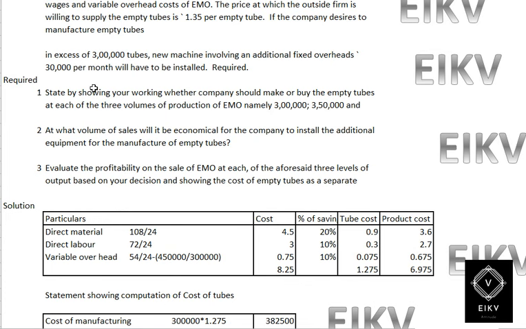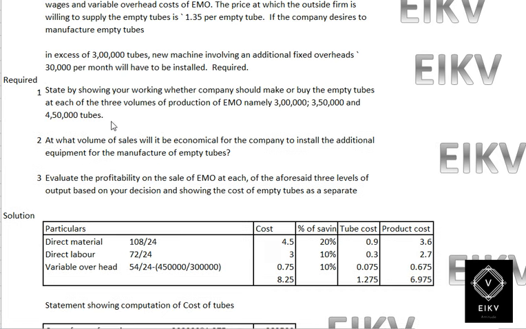Required: Number 1. State, by showing your workings, whether the company should make or buy the empty tubes at each of the 3 volumes of production of EMO: 3 lakh, 3,50,000 and 4,50,000 tubes. Number 2.